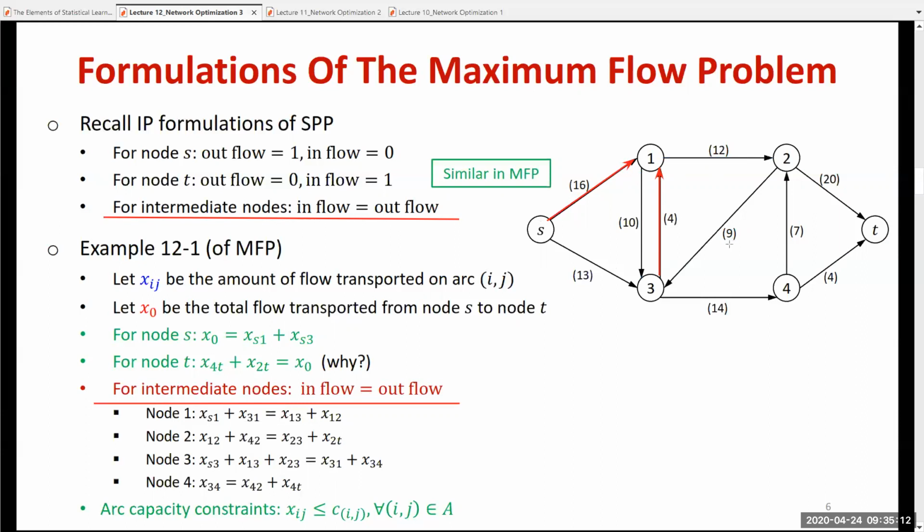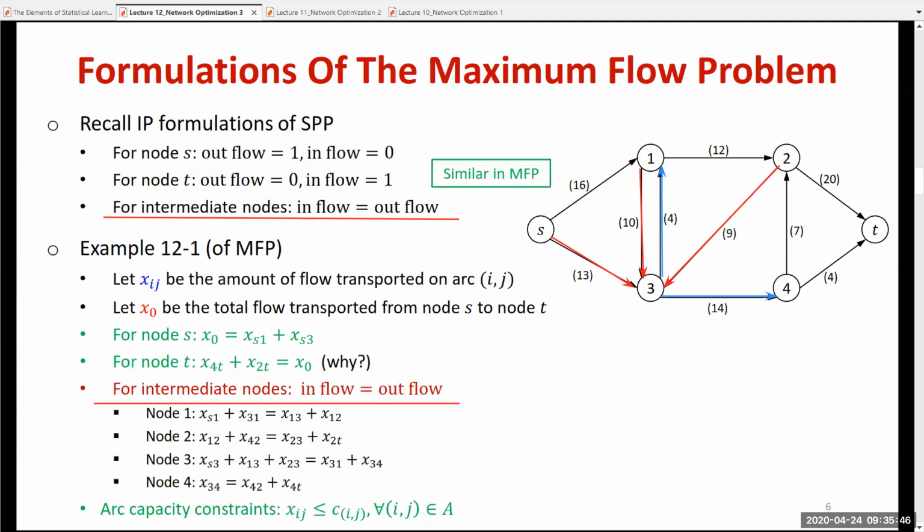How about node 2? Similar. For node 2, the inflows are x12 and x42, and outflows are x23 and x2t, right? So this is for node 2. How about node 3? Similar. For node 3, the incoming are x23, x13, and xs3. I have 3 incoming. And the outgoing from 3 are x31 and x34.